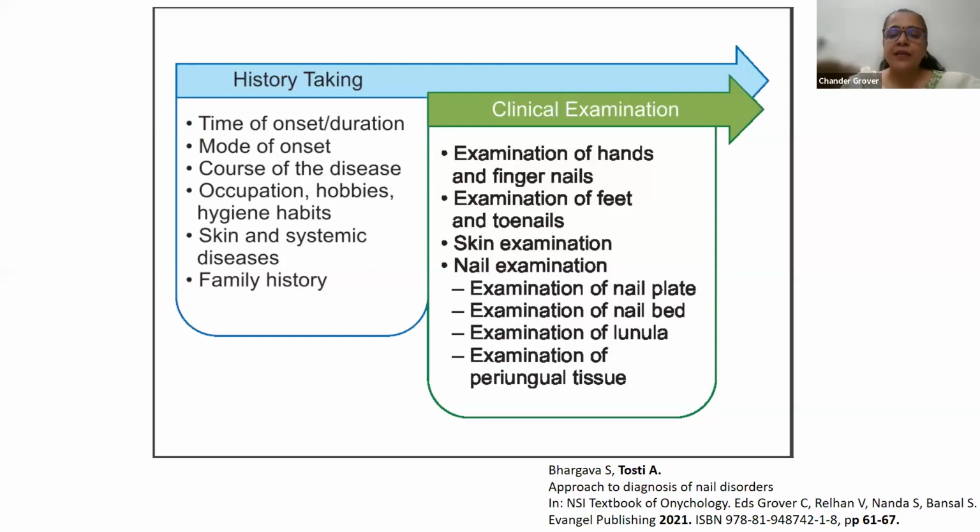So this you will repeat for each and every nail, and especially for the one which is the most affected or the representative nail that you can say. Now, there is nothing hard and fast about it, but it is very, very useful to have a scheme in your mind, because otherwise you will miss something. And then by the time you reach here, then you want to go back and do that.